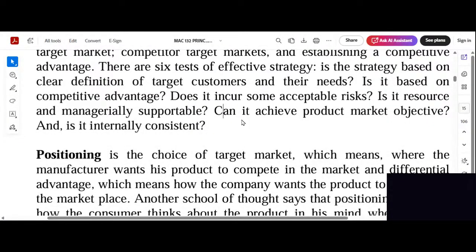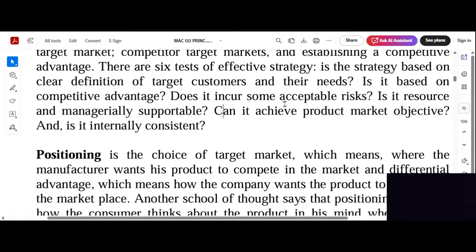Three, it must incur some acceptable risk. Four, it must be supportable by resource and managerially. Five, it must achieve product market objective. And lastly, it must, of course, be internally consistent.